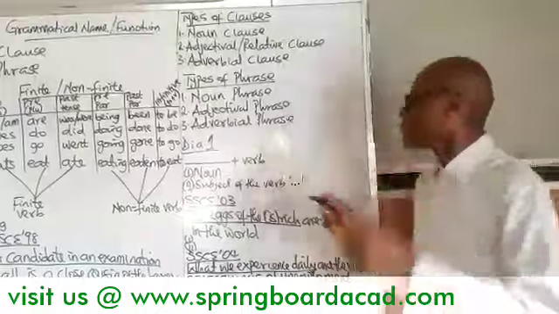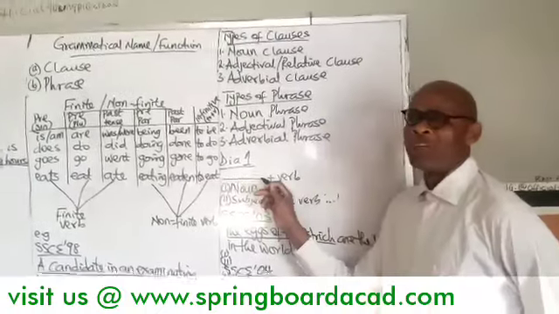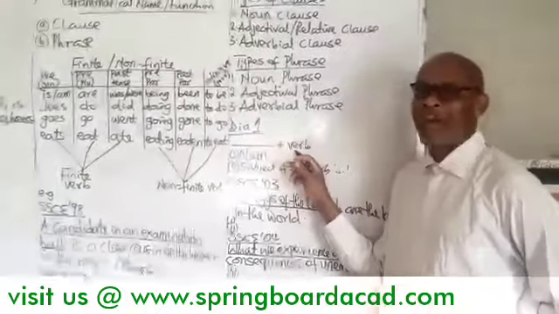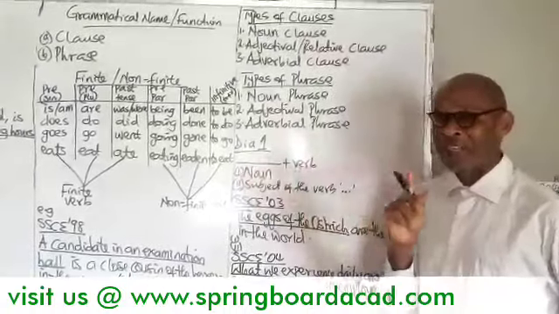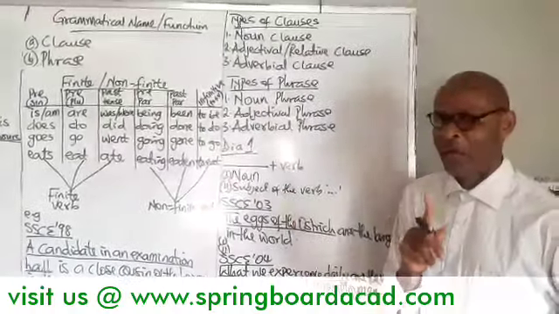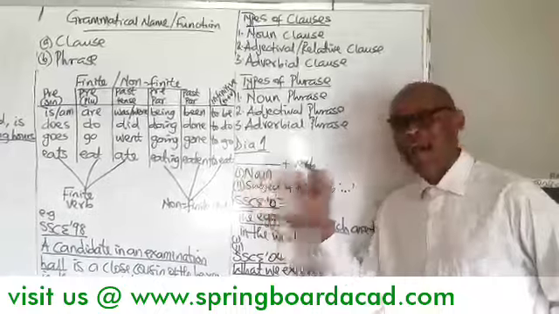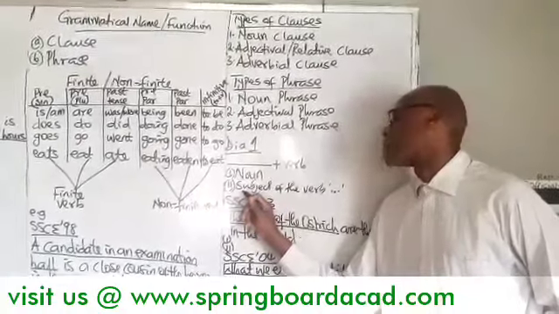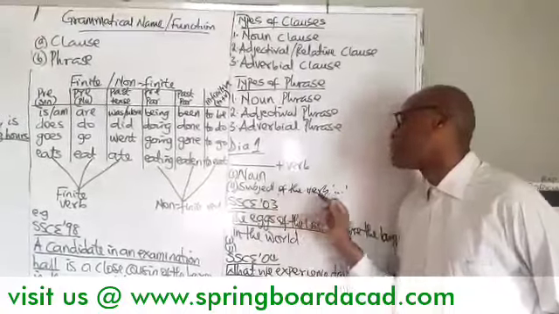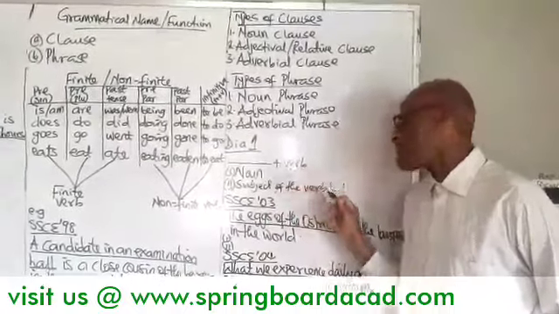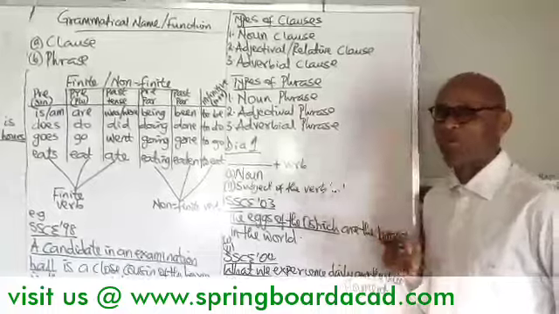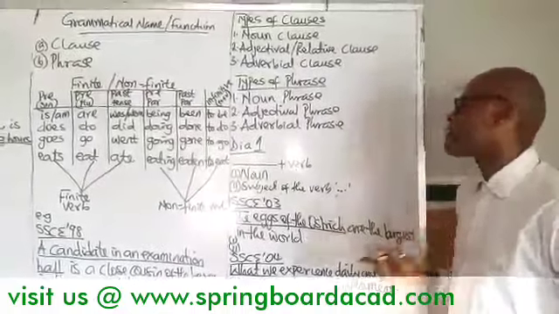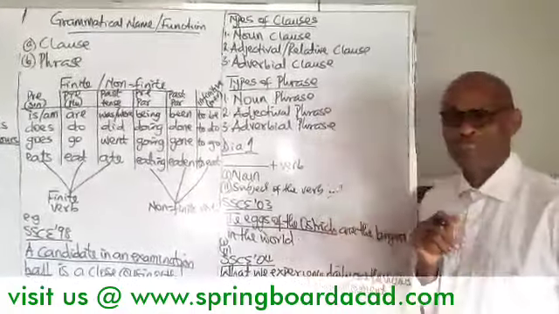Let me go back. You have underlined words. Immediately after them, you have a verb. Write noun. I didn't say write noun phrase or write noun clause. No, just write noun. Then come under it and write subject of the verb. That verb in front, write it here and put it in quotes. After that, go back to those underlined words.